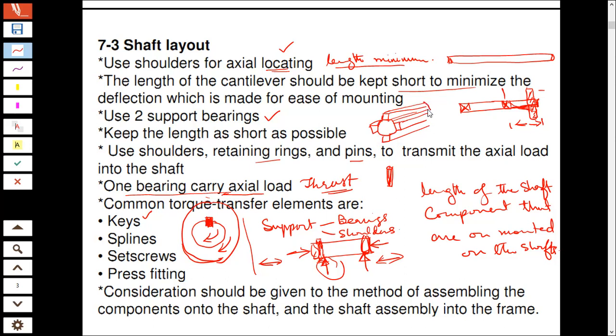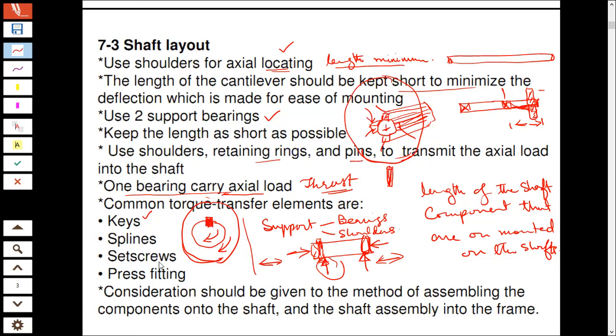So this is round, but it has these splines in there, and whatever you mount on it would go around these splines, so they act as if they are permanent keys in the shaft. These splines are pre-manufactured in a shaft.